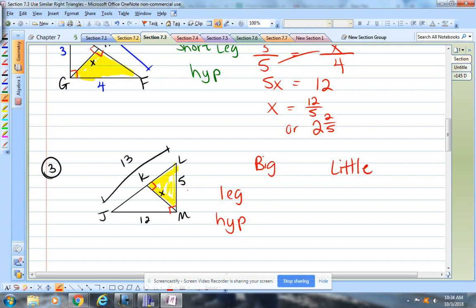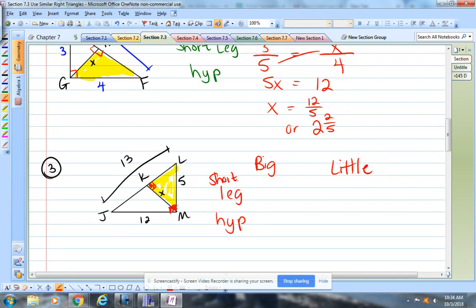Y'all see that? This triangle, to make it oriented the same way, I'm going to rotate it around. So it's going to match up with the 5. It's just not going to be as big. Does that make sense? So I'm looking for the short leg. If I put this right angle where this right angle is, rotate the little triangle to where it's oriented with the big triangle.